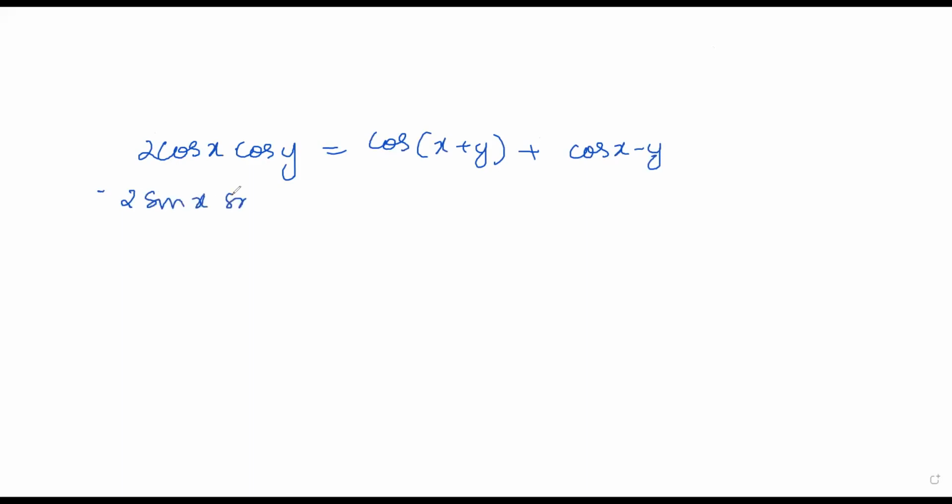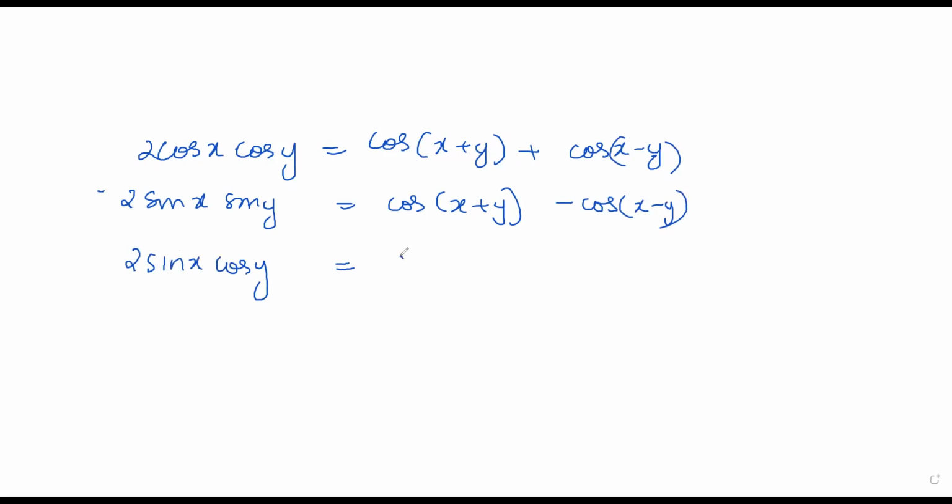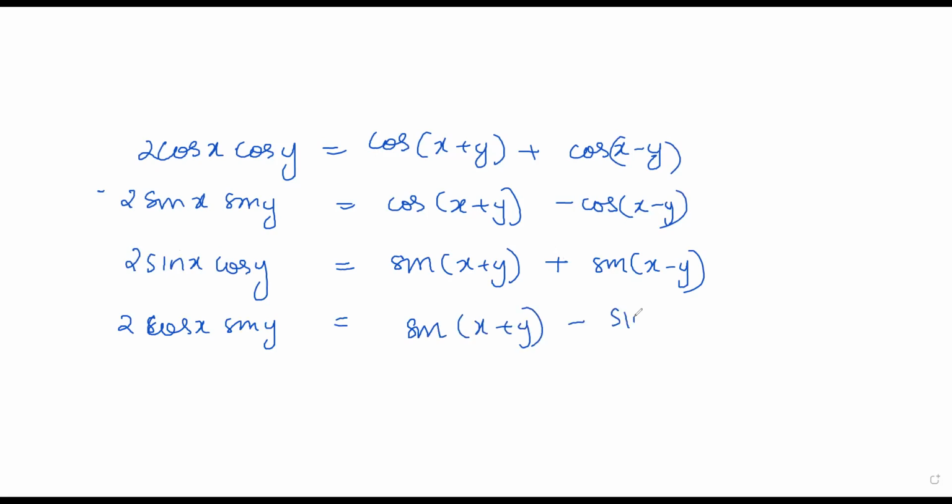2 cos x cos y is equal to cos of x plus y plus cos of x minus y. 2 sin x sin y is equal to cos of x minus y minus cos of x plus y, taken with a minus sign as shown. 2 sin x cos y is equal to sin of x plus y plus sin of x minus y. 2 cos x sin y is equal to sin of x plus y minus sin of x minus y.